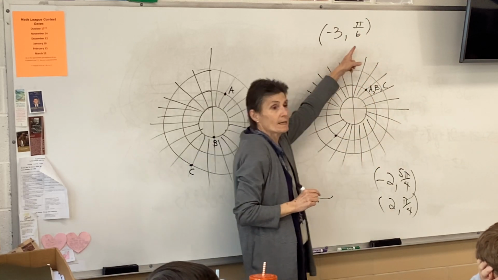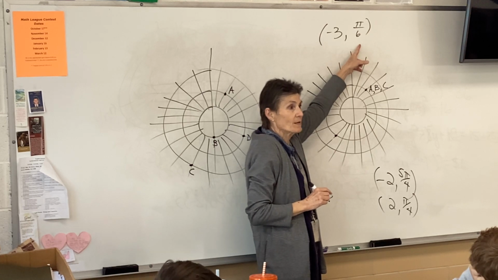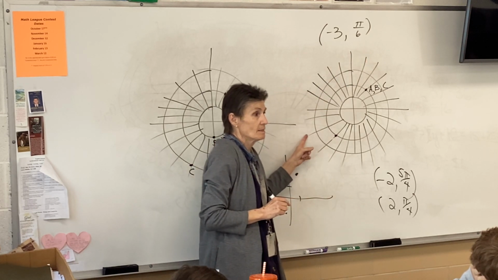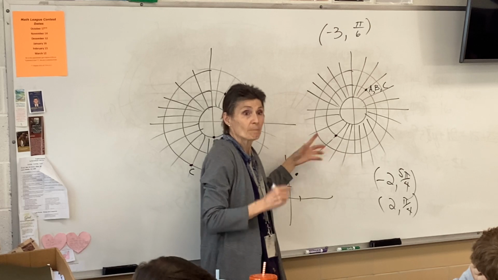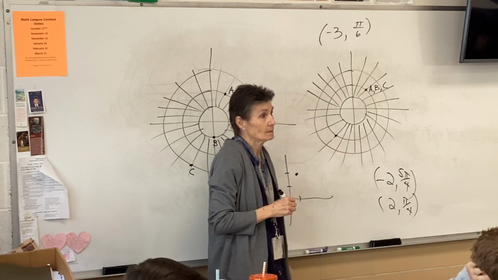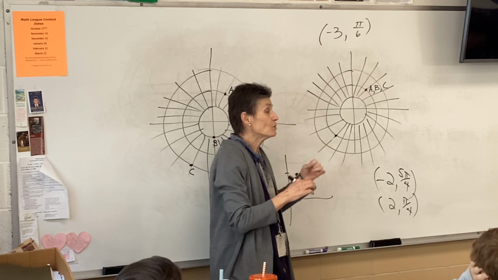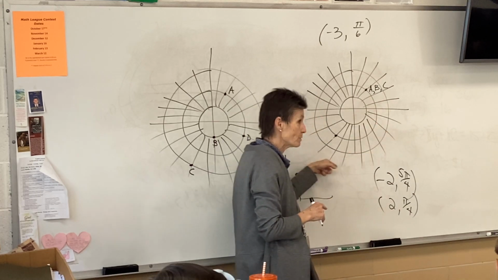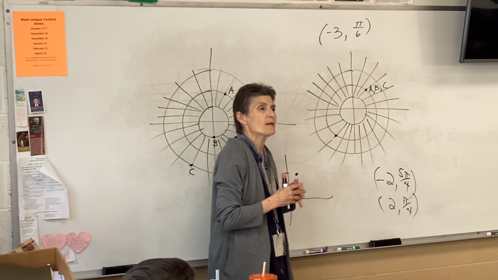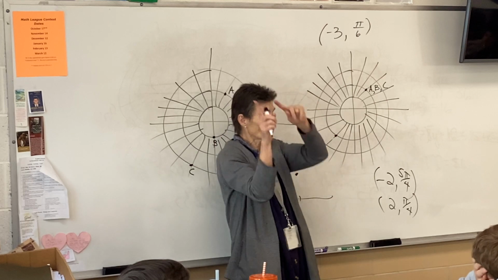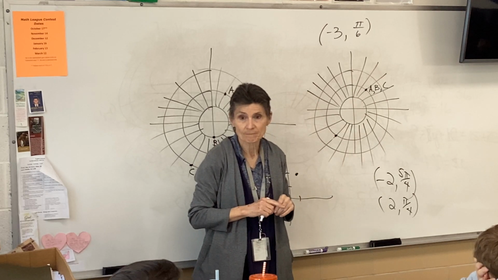It would not end up at pi over 6. It would end up at 7 pi over 6, pi, 180 degrees. So you can do negative angles, just rotate this way, and you can do negative r's by reflecting pi radians.